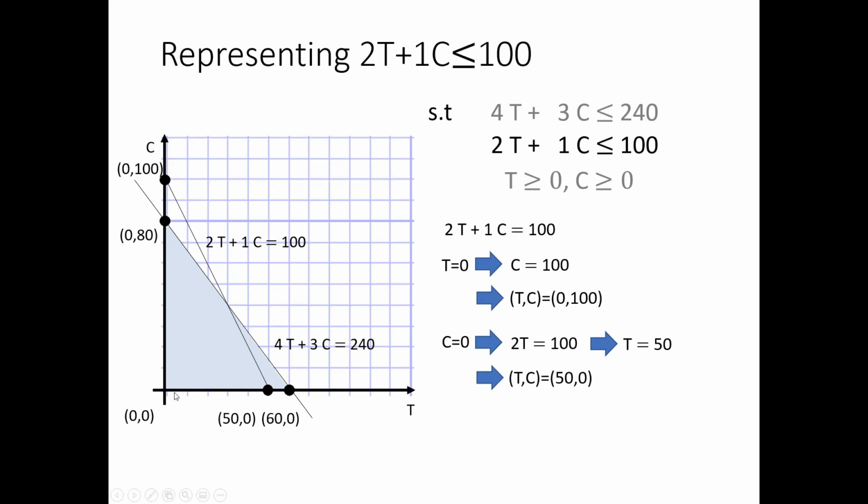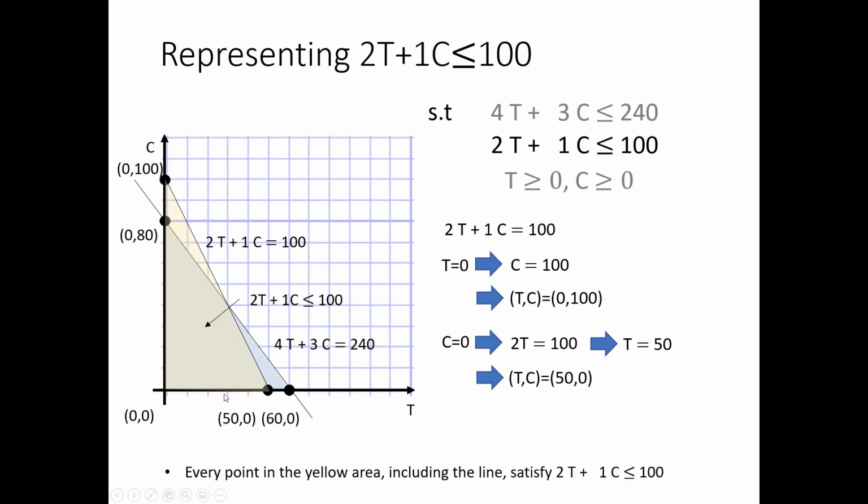So again, the origin point is on the side of this line that satisfies this constraint, this inequality. So we conclude that the entire yellow shaded area satisfies this constraint. So every point in this shaded area satisfies this whole constraint. The whole area, including this line, satisfies this constraint.